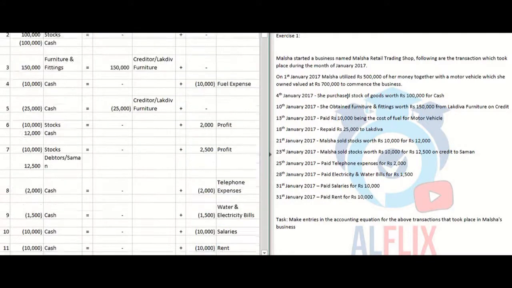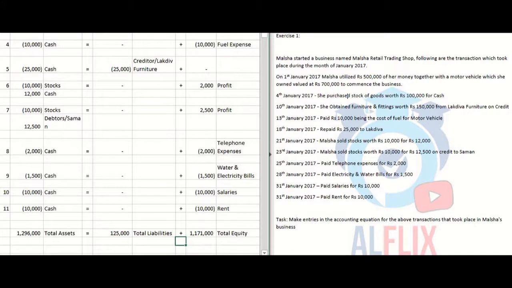That is 1,171,000. That is the value of total equity.